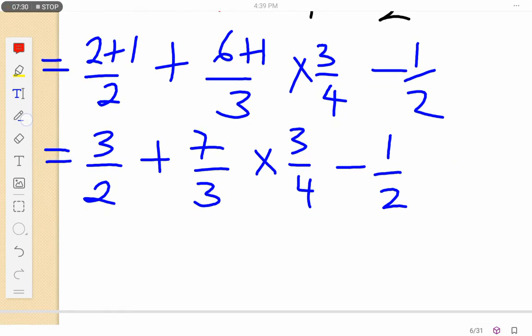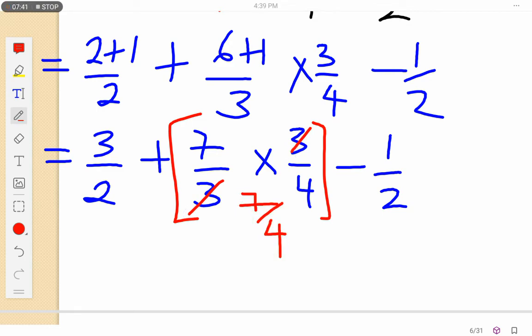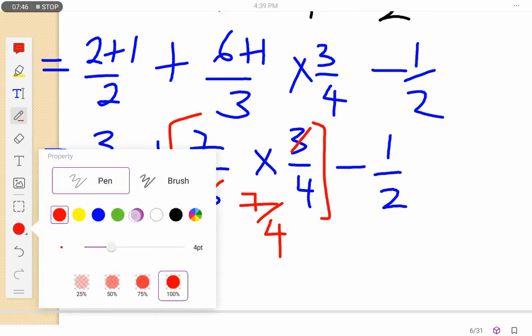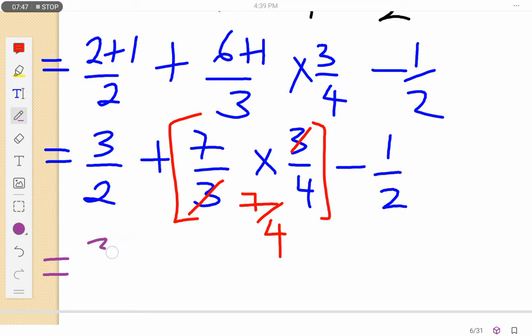So for this one, before you do anything, we have to multiply this part here. So for me to multiply, I can simply divide these ones and remain with 7 over 4 as the final answer there. So I can write my work as 3 over 2 plus 7 over 4 minus 1 over 2.